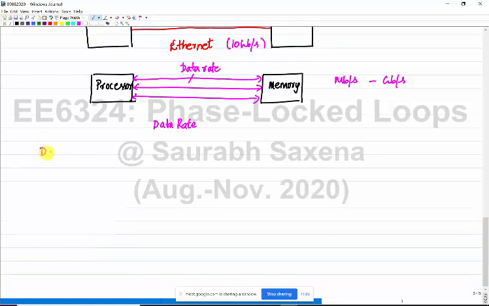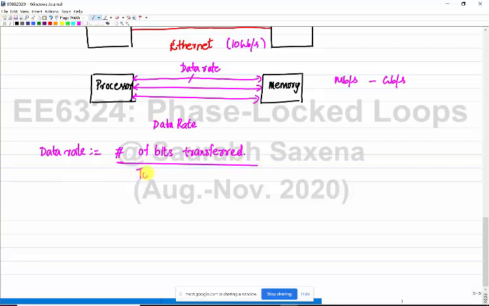If I write the definition of the data rate, it is the number of bits transferred divided by the total time taken. So you can write it as an expression: how many bits are transferred per second. And we are saying that we are transferring 10 gigabit per second in our Ethernet connection.